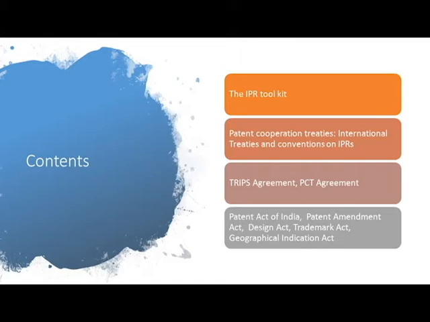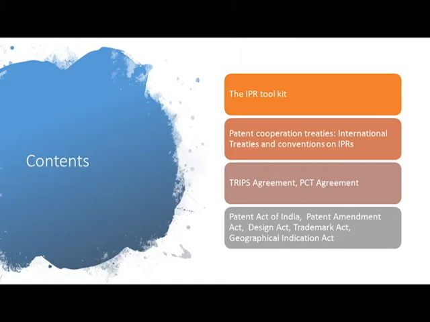Yesterday I was talking about copyright acts. This is one of the toolkits of IPR, right? So when you are asked to define the IPR Act, or when you are asked to define the IPR toolkit, both the questions are the same with little distinctions.